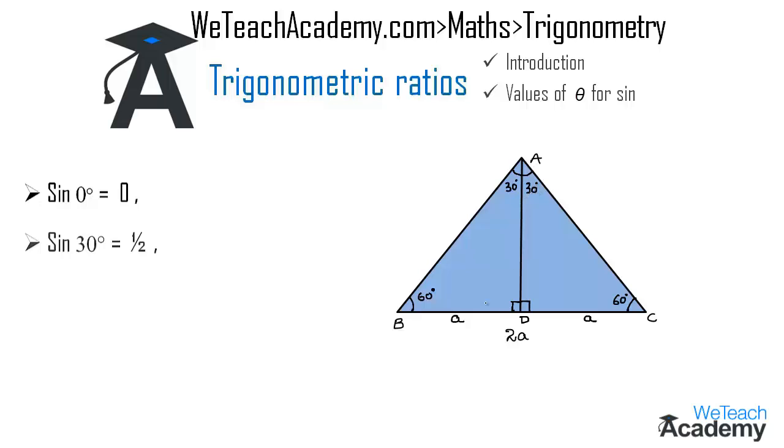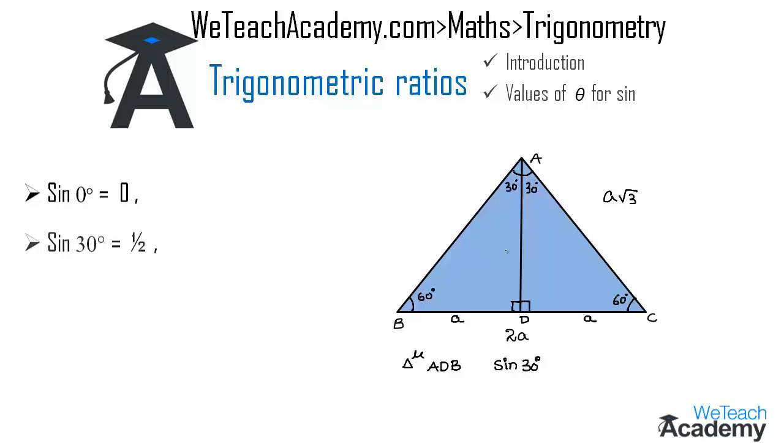And we already know that the height of an equilateral triangle with a side 2A is equal to A root 3 units. So your height, that is AD, will be equal to A root 3. So from the triangle ADB, let us find the value of sine 30 degrees.